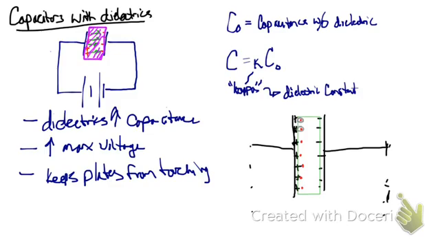And they create what's called a bound charge, and the negatives of the electrons want to hang out more towards the positive end of the dielectric.